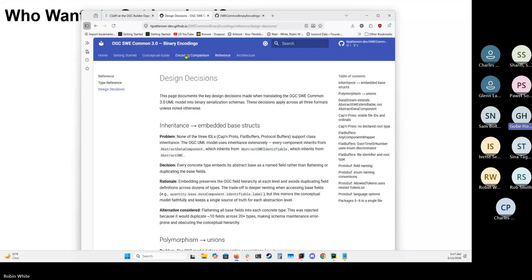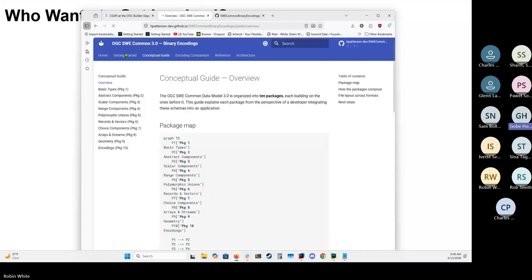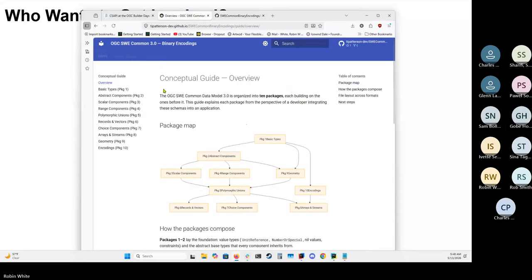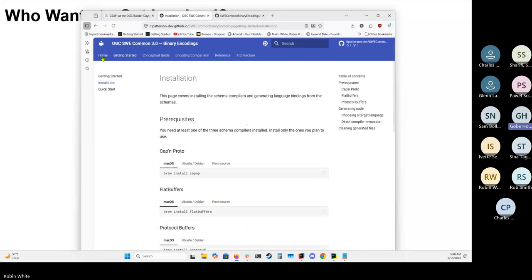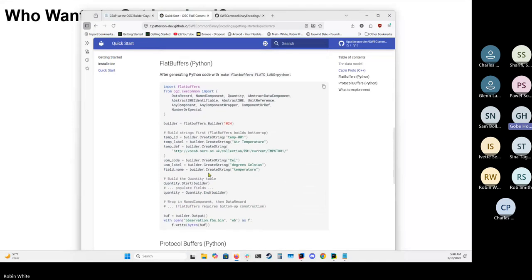Okay, so at the moment, you're looking at this primarily from the perspective of SWE Common. I'm just wondering about what implications there might be for SensorML as well. Whether there's a use case that might require, and even benefit from, binary encoded SensorML.